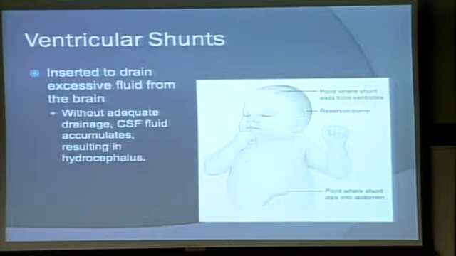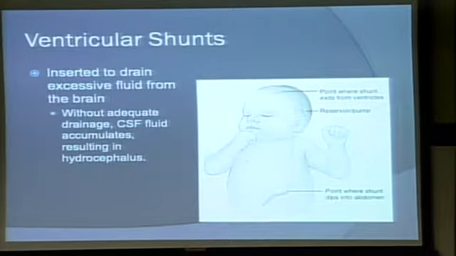Ventricular shunts are put in for hydrocephalus, and so the shunt runs directly from usually the right or left ventricle, and there's a little reservoir pump in the back. Then the shunt goes into the abdomen, and the fluid drains into the peritoneum. Sometimes these things get plugged.